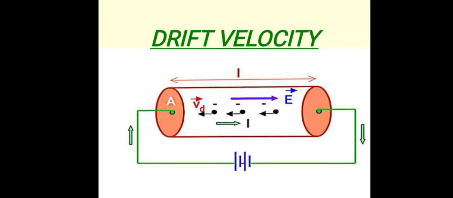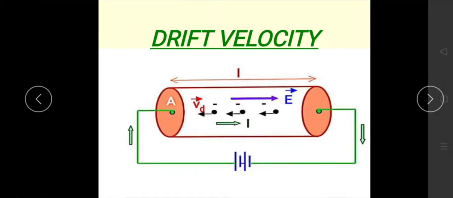Or you can define it like this: the drift velocity is defined as the average velocity with which free electrons get drifted towards the positive end of the conductor, or opposite to the electric field, under the influence of an external electric field. This is the definition of drift velocity.